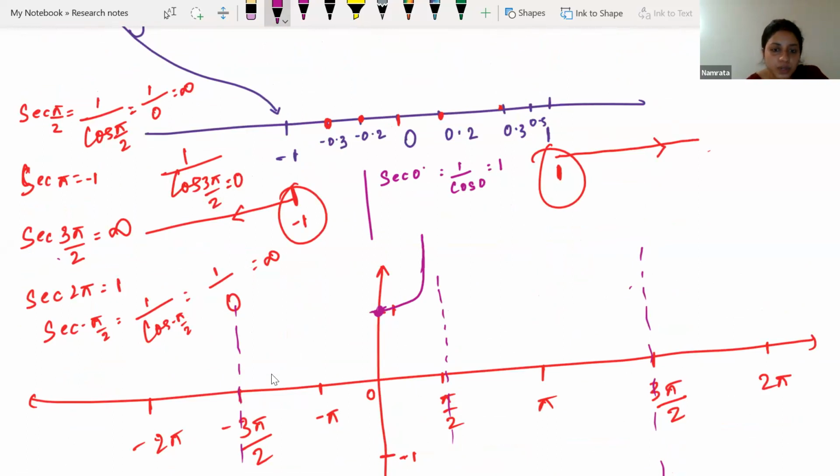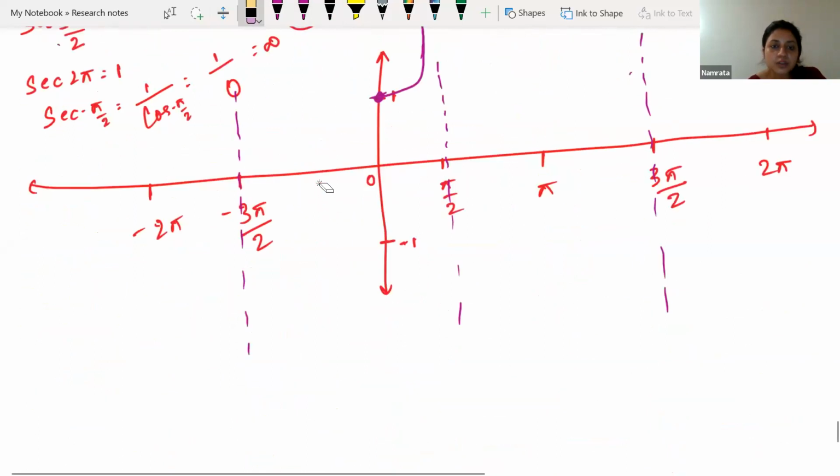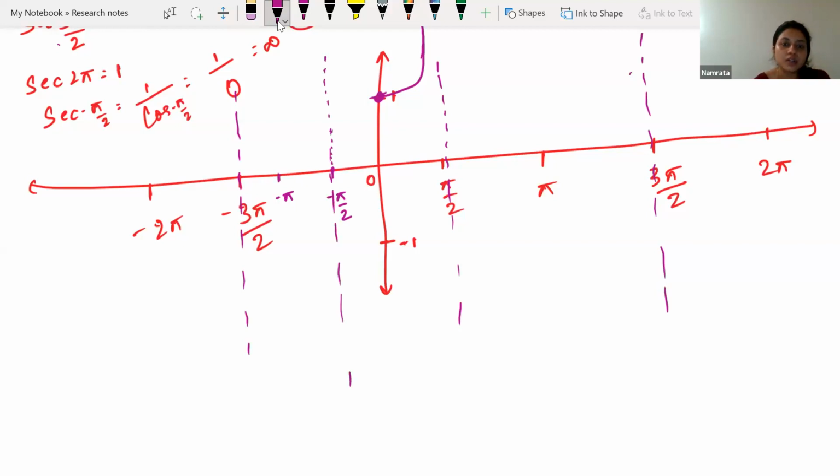Have we missed any point over here? Yeah, we have missed. I have not written pi by 2 over here. Here minus pi by 2 I have not written, and here minus pi. So the disturbing point is this one, odd multiple of pi by 2 where the function is not defined. So this is how our graph will look like.